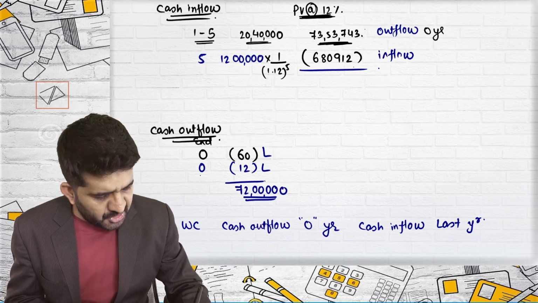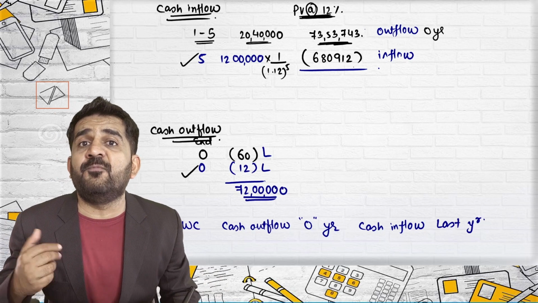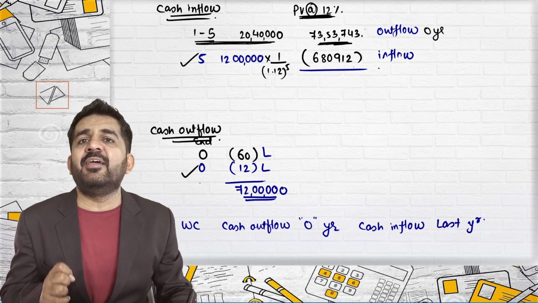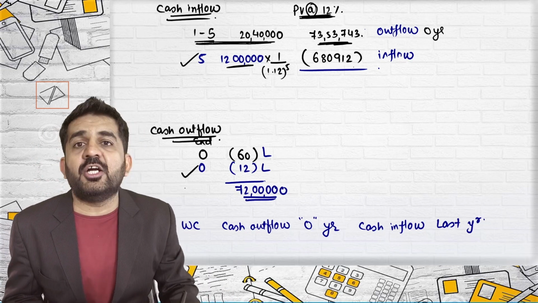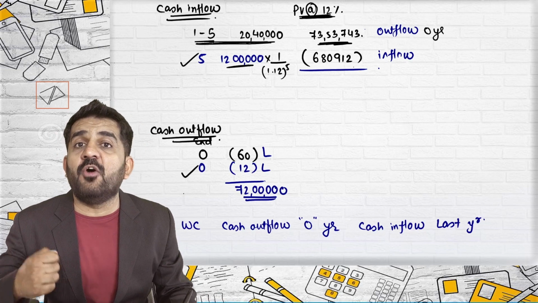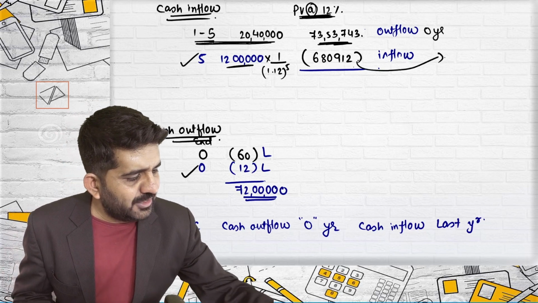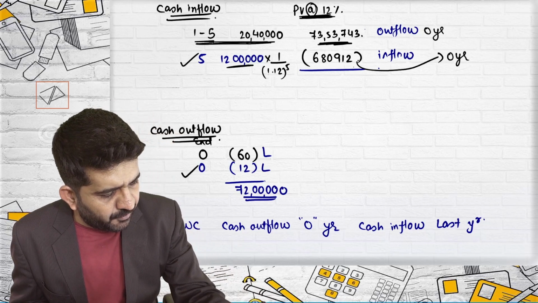It will be cash outflow at the end of 0 year and it is cash inflow at the end of 5th year. I am not combining it with this cash flow. I am finding out that answer separately. I cannot directly deduct 12 lakhs because it is at the end of 5th year. This value 6,80,912 is at the end of 0 year. So I can deduct it from this figure.